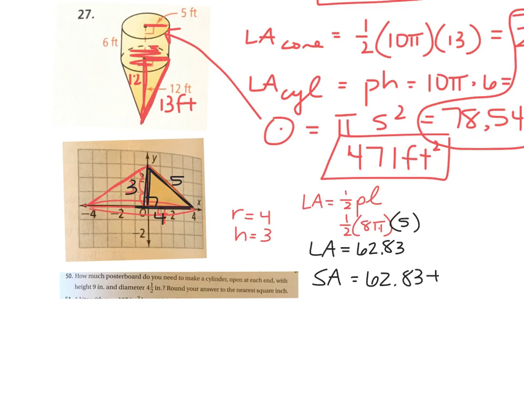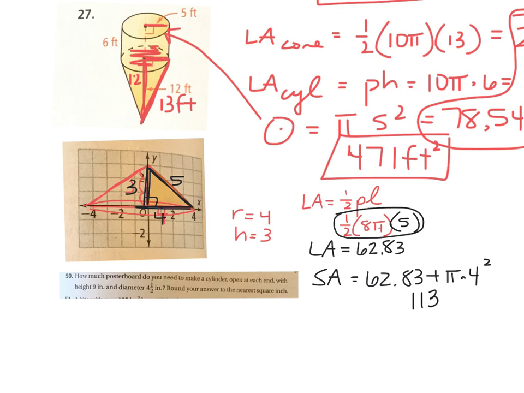And the area of the base is pi r squared, so pi times 4 squared. So we'll go 62.83 plus 16 pi is 113. And this one said, oh, they want the area in terms of pi. Well, just kidding.